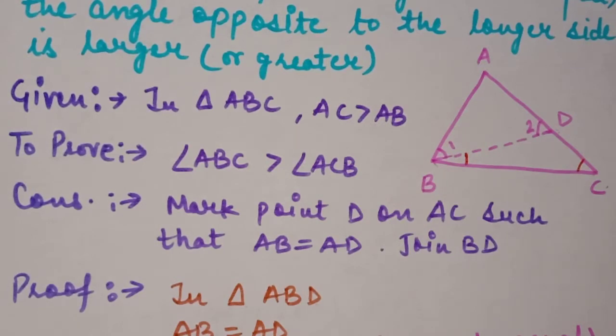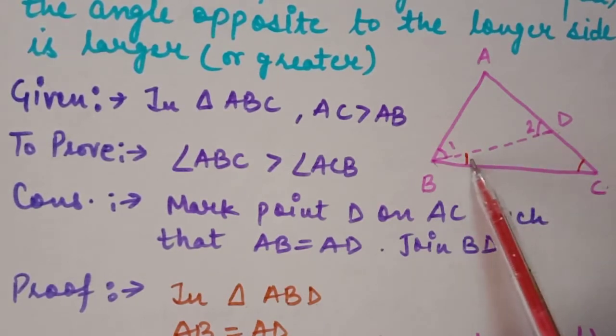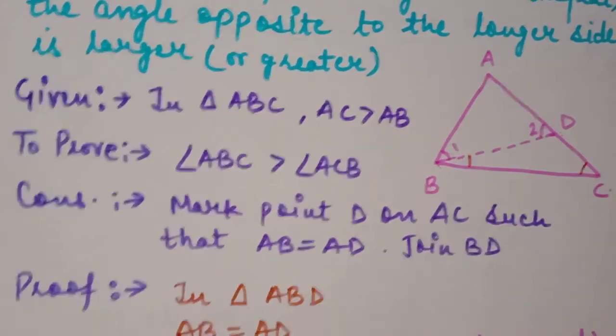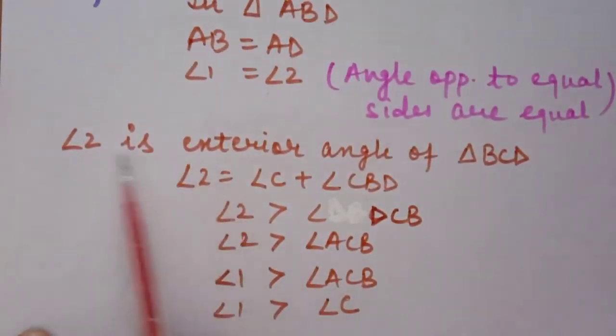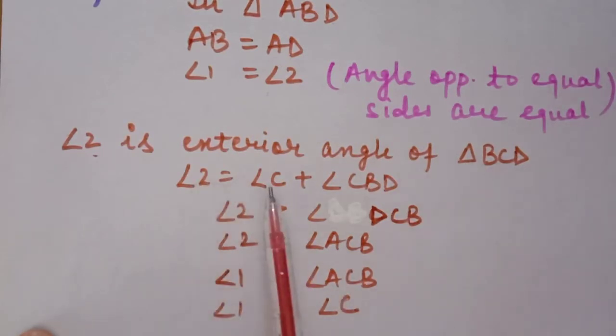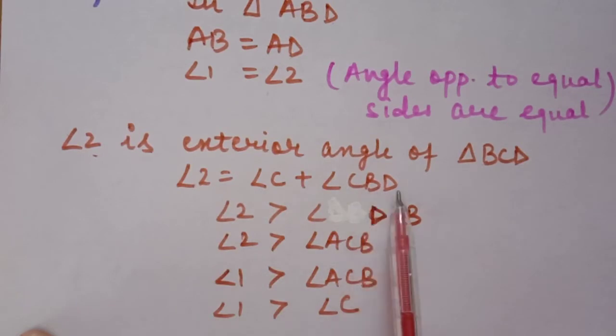So if angle 2 is equal to the sum of these two angles, then definitely angle 2 is always greater than each angle individually. Angle 2 is the exterior angle of triangle BCD. Angle 2 is equal to angle C plus angle CBD, exterior angle property.